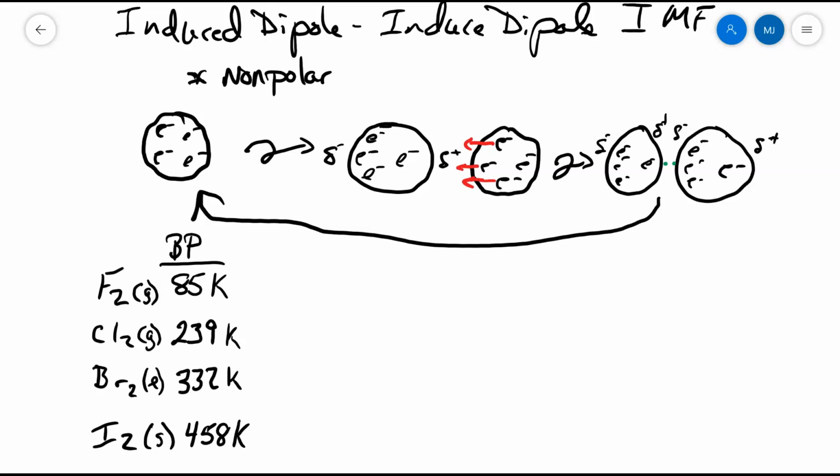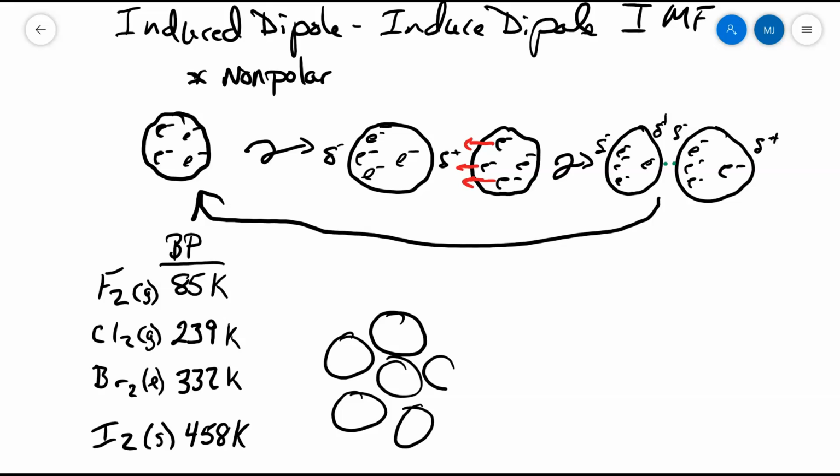So I was just talking about the strength of these induced dipoles. Why did I look at boiling point? Well, let's draw some molecules. They're in a liquid, and these molecules are attracted to all of their neighbors, right?